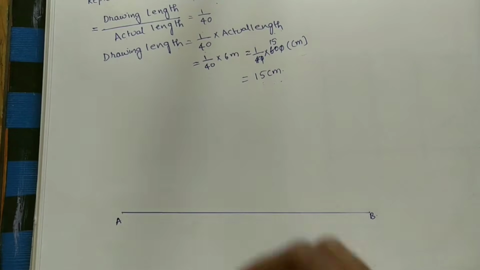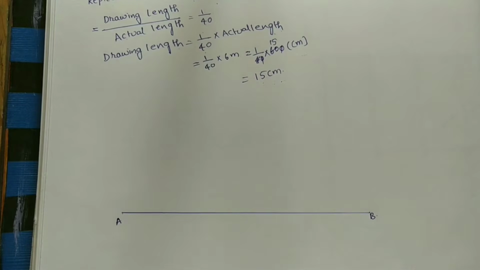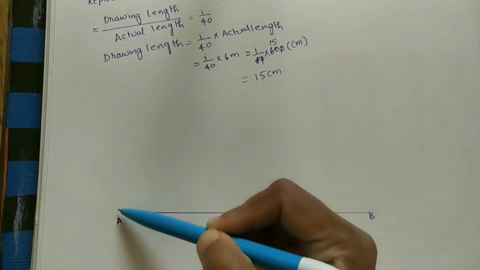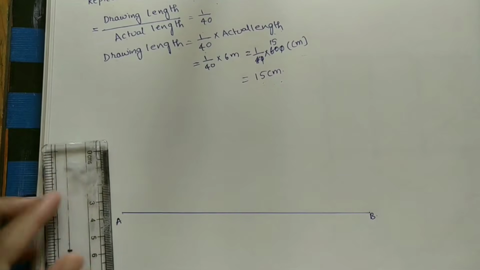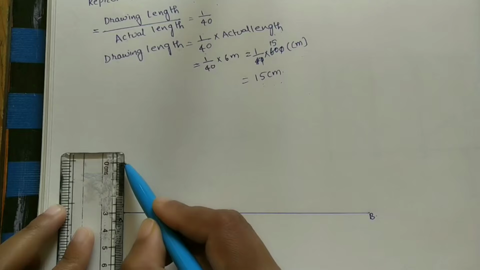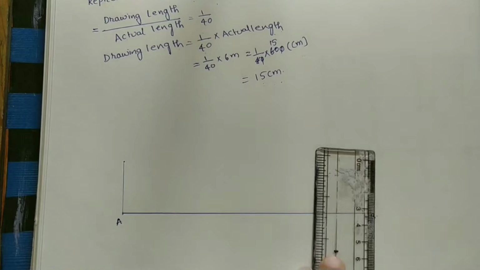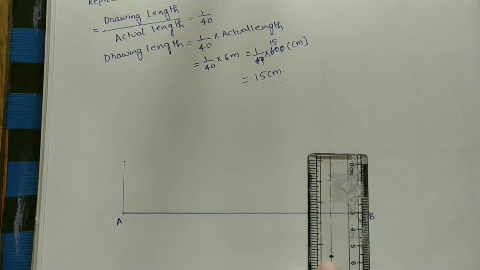Now for this scale give some width. It is called arbitrary width. For this diagonal scale we have to take either 3 centimeter or 4 centimeter height. Here I am taking 3 centimeter height. Draw a line of 3 centimeters here and on this side also take a 3 centimeter line.